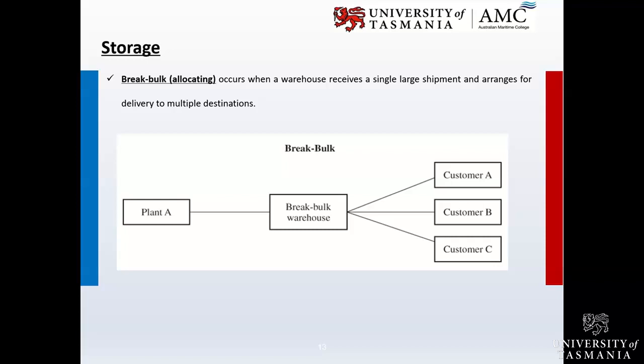So in this fig, a large shipment is from plant A to the warehouse, and in the warehouse, the large shipment is broken down into small shipments, and then they will be delivered to different customers, in different destinations.